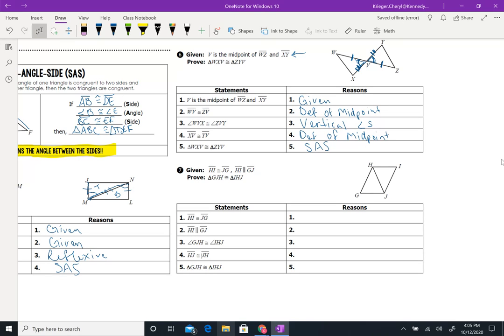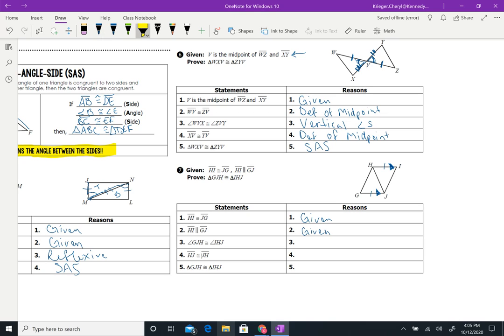Okay, HI is congruent to JG, and HI is parallel to JG. So I'll do my parallel arrows. We have given and given.